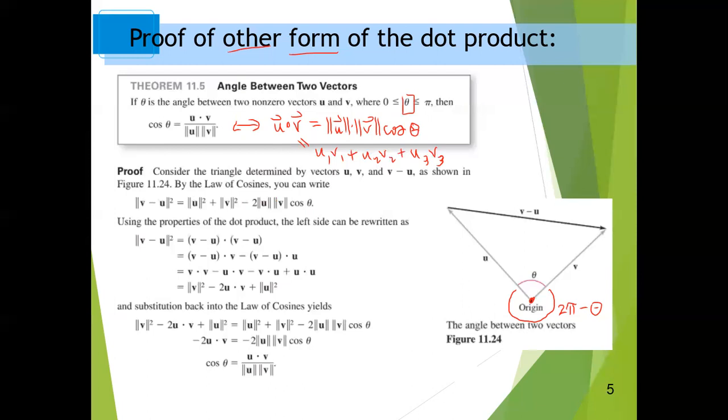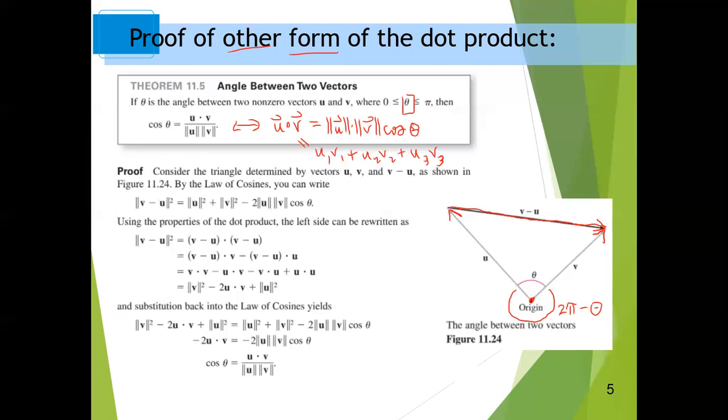Okay, so by the law of cosines, all I've done is draw u and v emanating from the same point. So u is going this direction, v is going this direction. Then v minus u is that third side of the triangle.